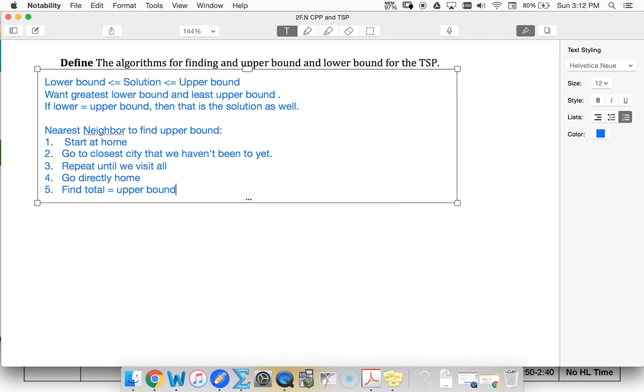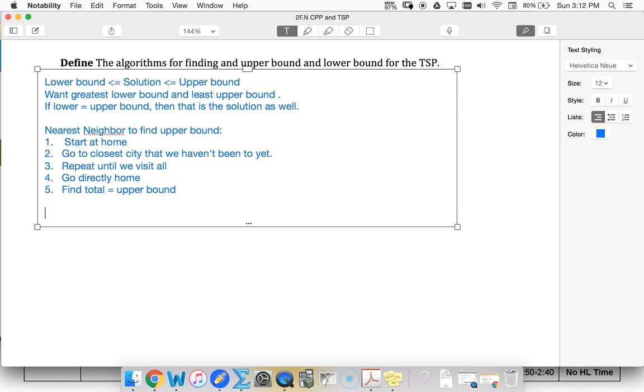All right. We use the deleted vertex algorithm to find the lower bound. And unfortunately for this one, you have to delete each vertex to find the greatest lower bound.